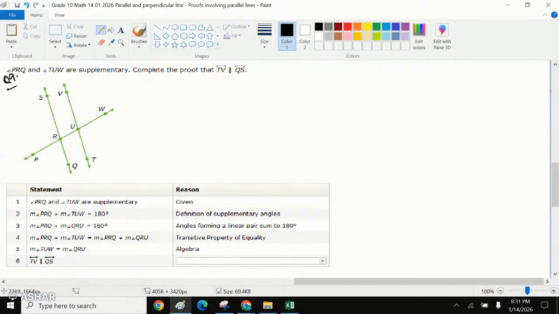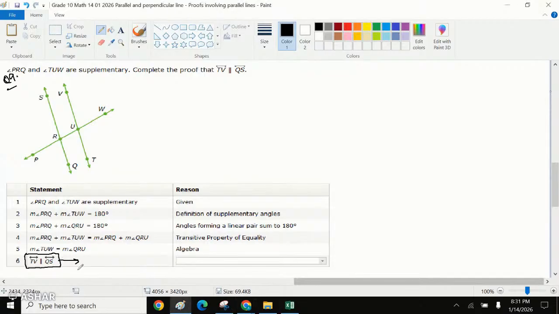What they're asking us is to find the missing statement. Whenever they have a missing parallel line and they want a statement for that, we already know the answer, right? We know that it would be the converse of corresponding angles postulate.